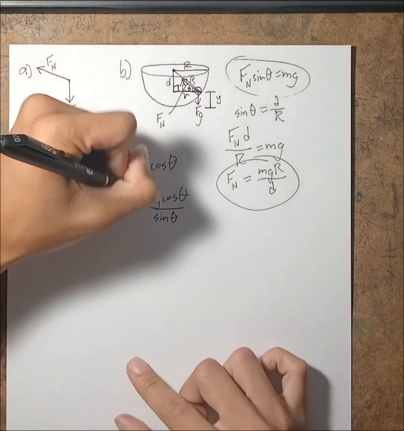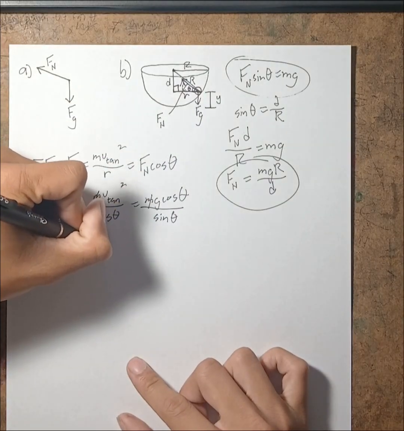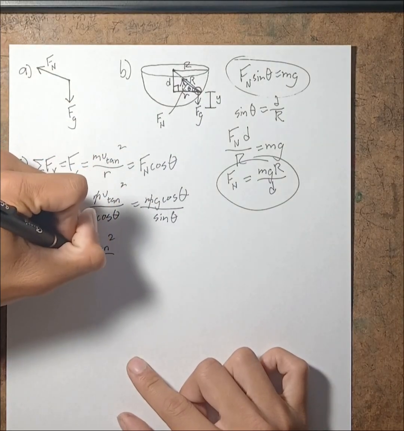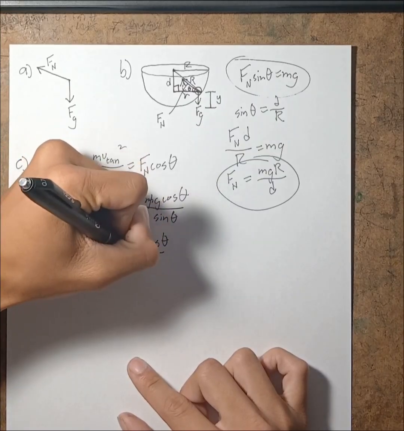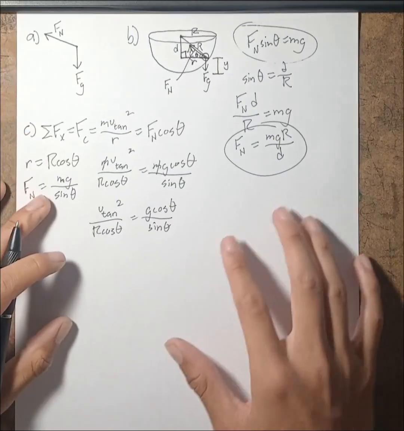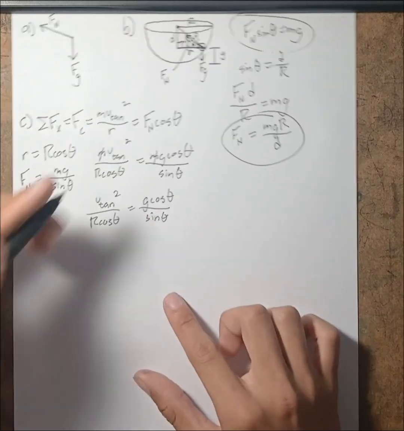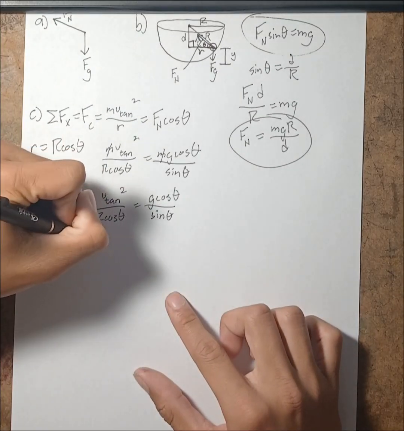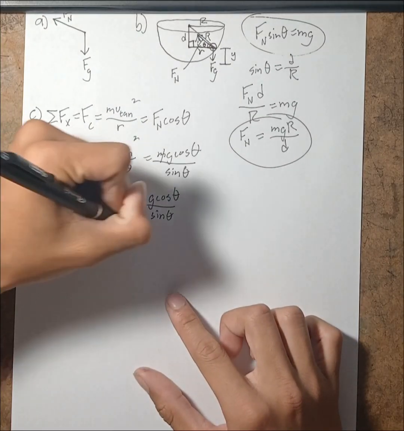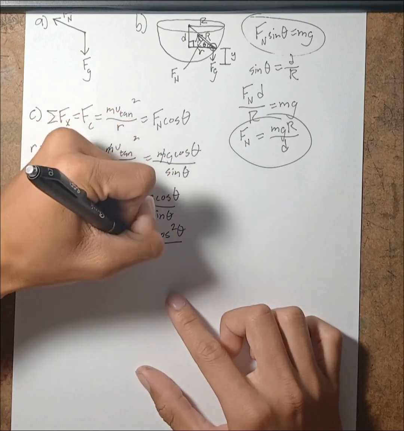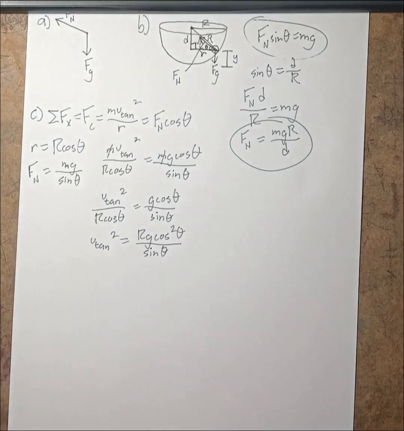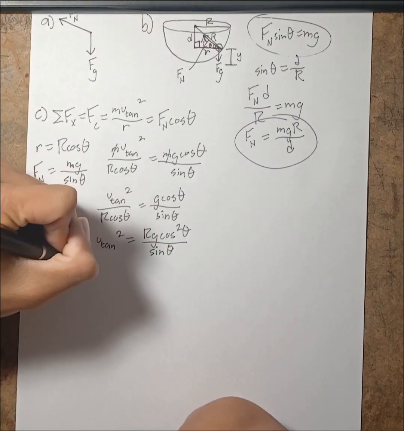The m's cancel. So we get this. And then we can multiply both sides by R cosine theta. The cosines will multiply together. And then finally, we can square root both sides.